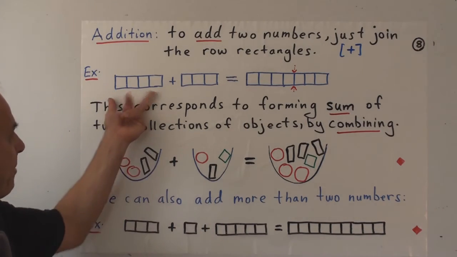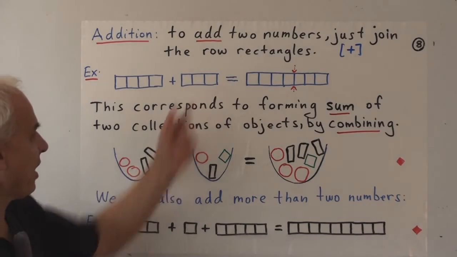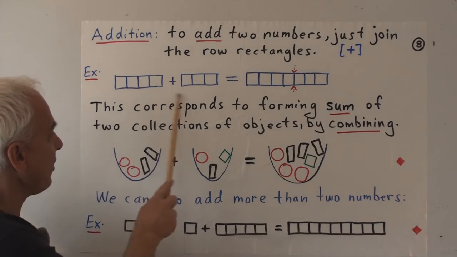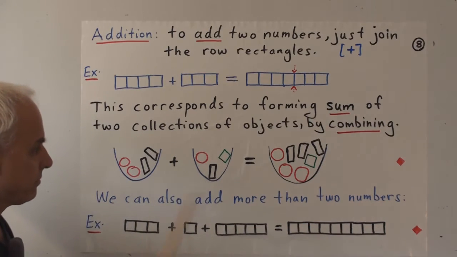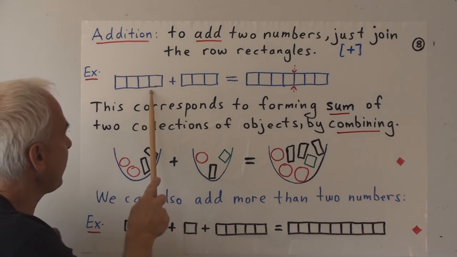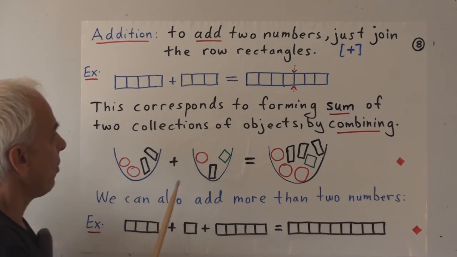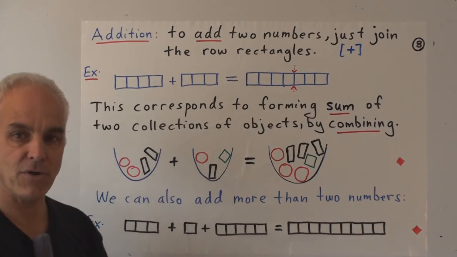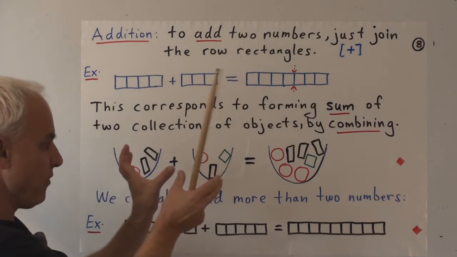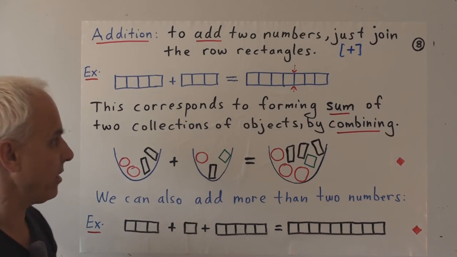So for example, here's a number, here's a number. If we add them, which is represented by this symbol, the cross, this number plus this number, what we get is just the new number formed by combining those two numbers physically, just moving them up so that they're touching.